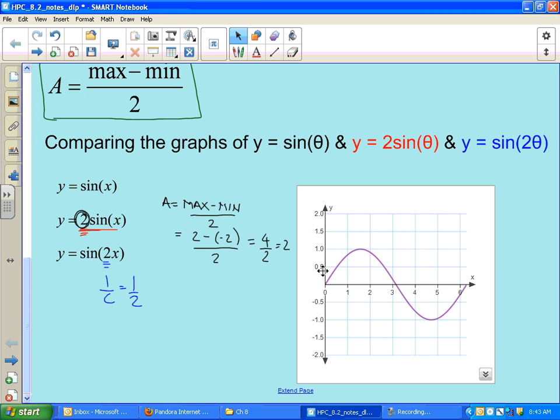Well, let's look at our quarter points again. At 90 degrees, I have a value of 1, which means this scale factor of 1/2 means I'm actually going to cut my 90 degrees by half and become 45. That would mean I'm going to shift this point back to the left here, right around there somewhere for 45. And my pi, or 180 degrees, with a scale factor of 1/2 becomes 90. So now that's going to shift back to here.